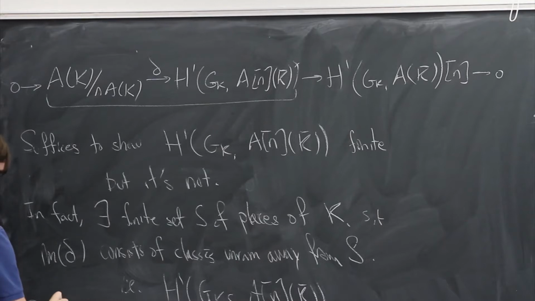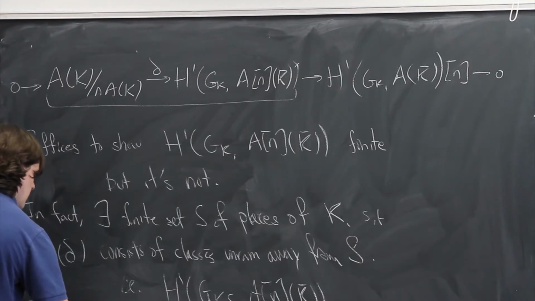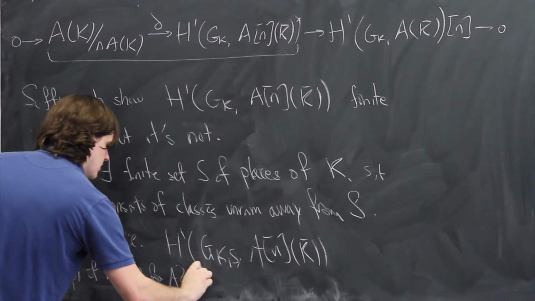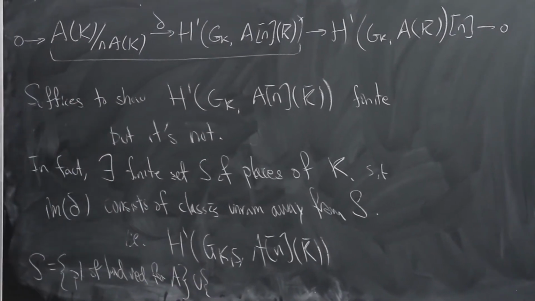You can take S to be the set of places where A has bad reduction, union the set of places above n.